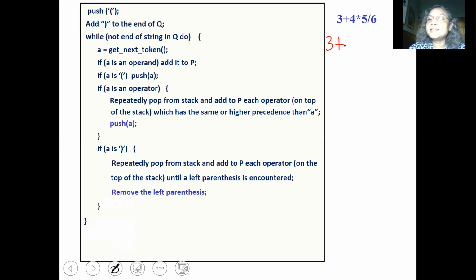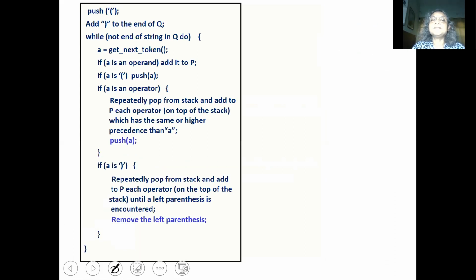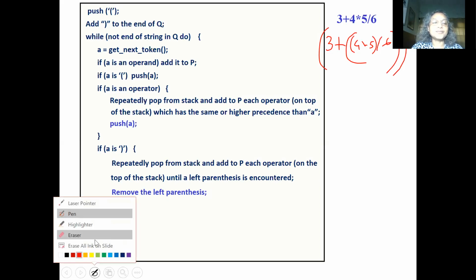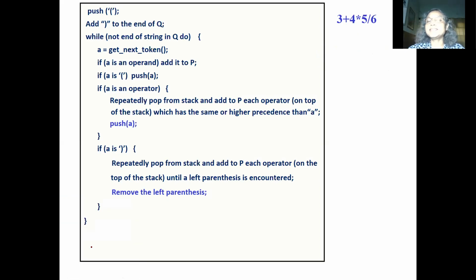So first 4 into 5, this multiplication will be evaluated, then this division, and then this addition. So this is the infix expression whose value is given in this form. Now I want you to work out how we can apply this algorithm on this expression to convert it into postfix.